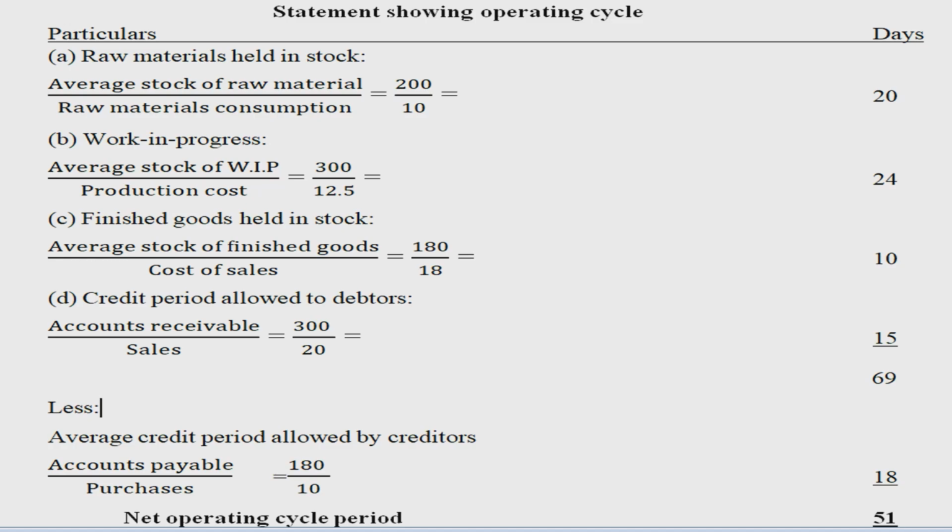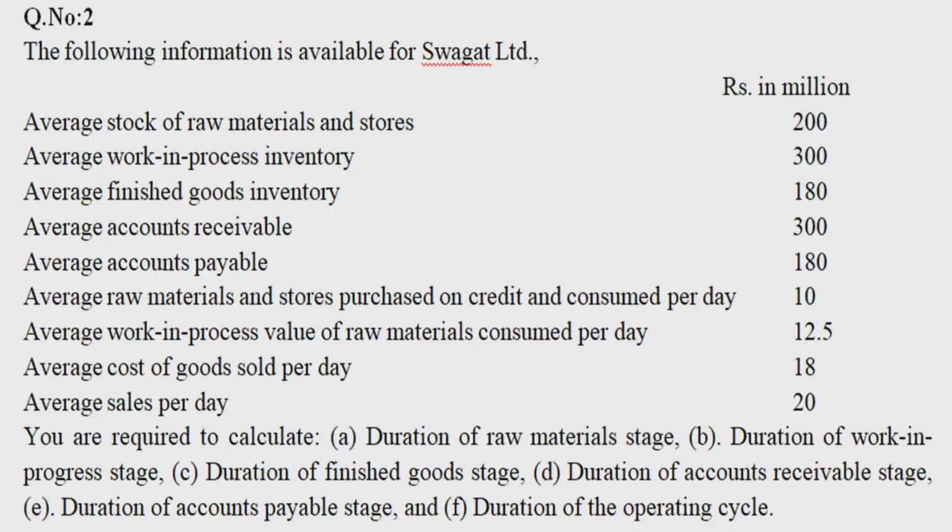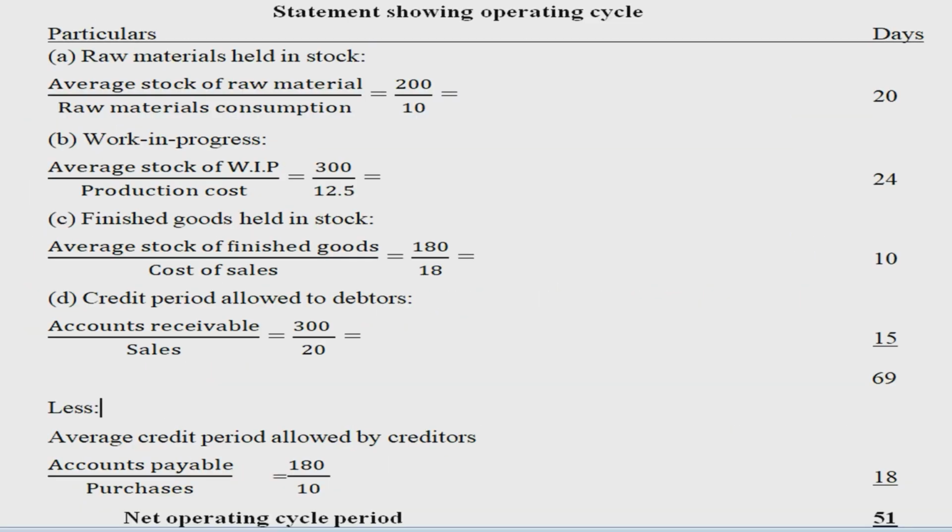So 180 divided by 18 you will get 10 days. Next, credit period allowed to debtors. So formula for this is accounts receivable divided by sales. So average accounts receivable here given is 300 divided by average sales per day 20. So 300 divided by 20 you will get 15.